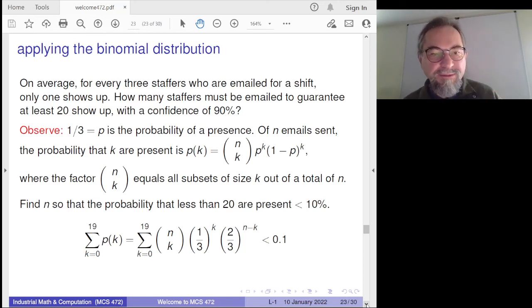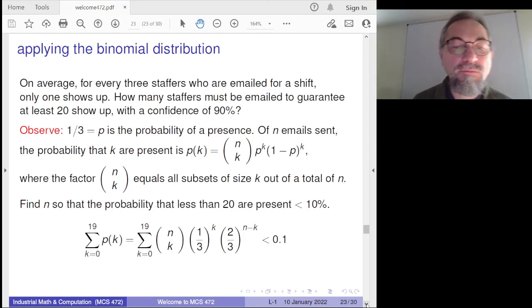So I'm already presenting you the answer here. It takes some time to see what the question really is. So the unknown is in kind of an awkward position. It's the n in the n choose k. So the number of emails you have to send out is the unknown.